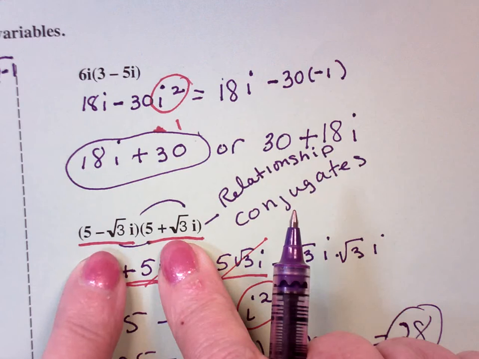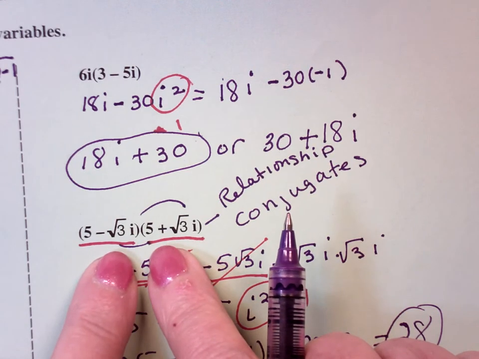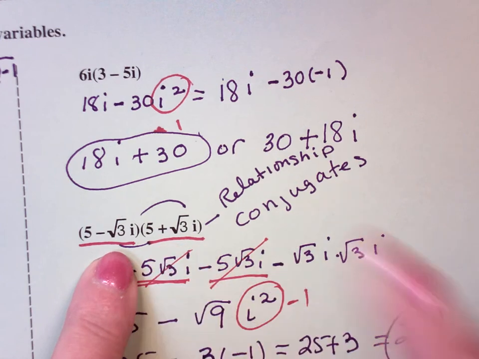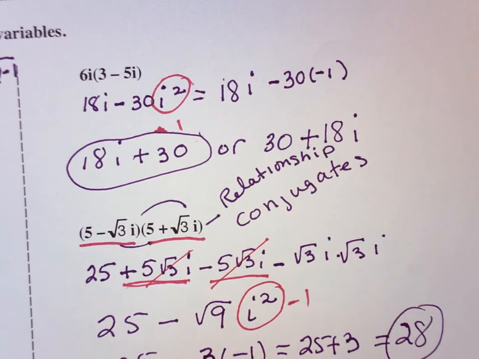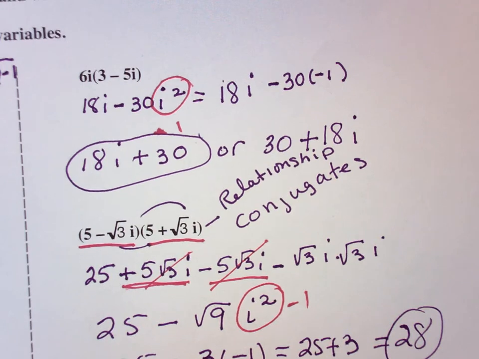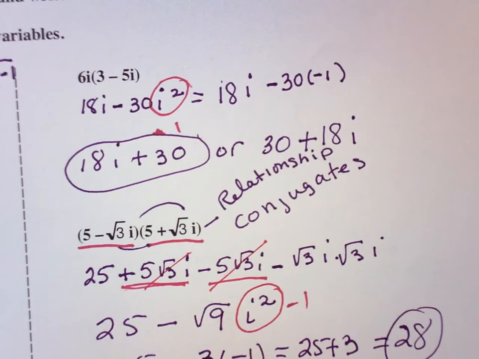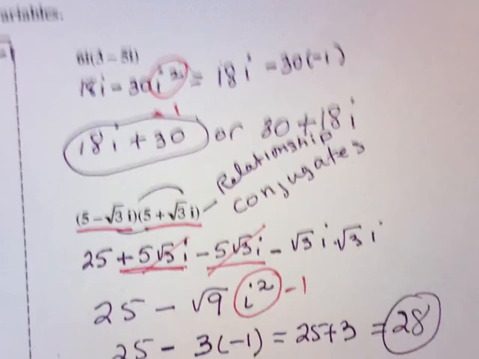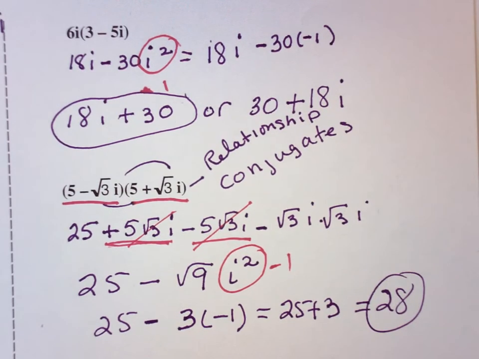And notice, when I'm dealing with i's and I multiply by the conjugate, it killed i altogether. Conjugate relationships kill i. And that's what we're going to be working on Monday. Conjugates. Good job.